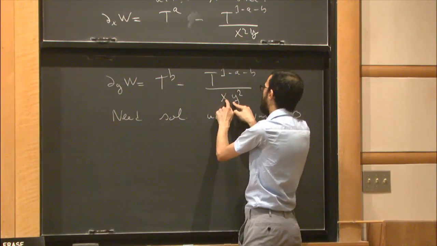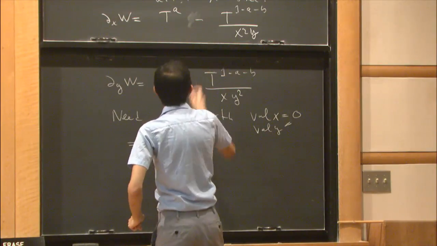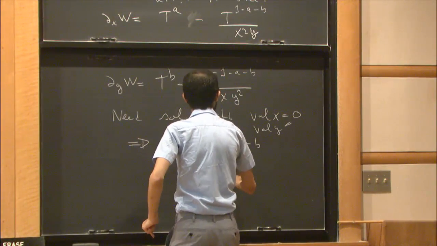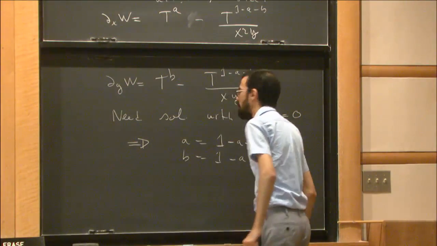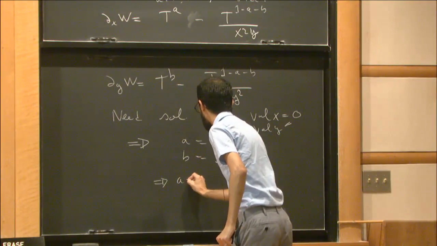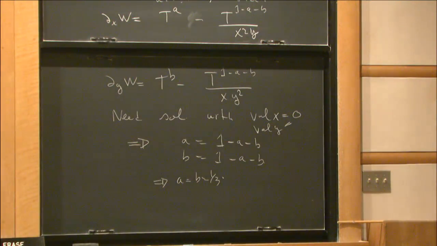But this has 0 valuation, so this number must be equal to this number. So you get a equals 1 minus a minus b, and b equals 1 minus a minus b, okay? Which hopefully implies that a and b are both equal to 1/3. I didn't say that this is CP2 with area 1.